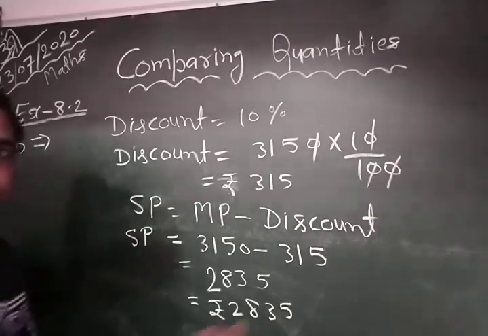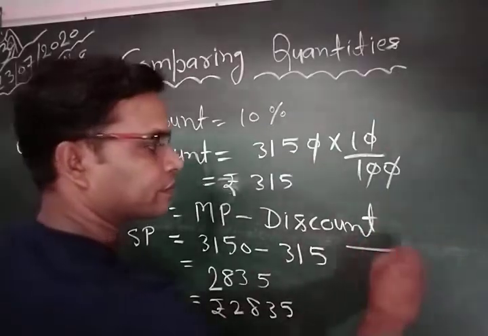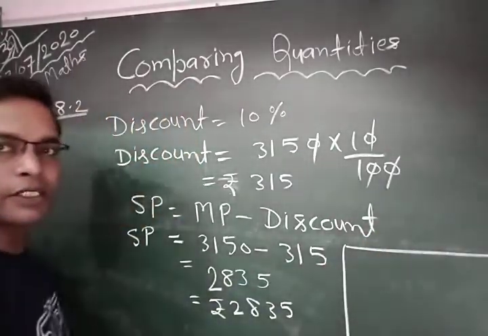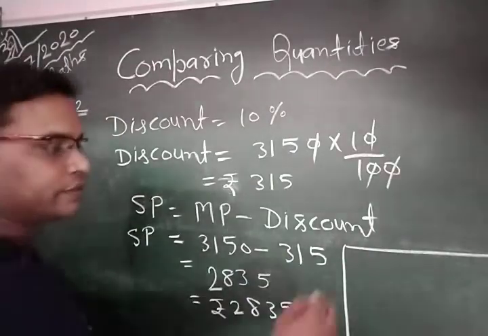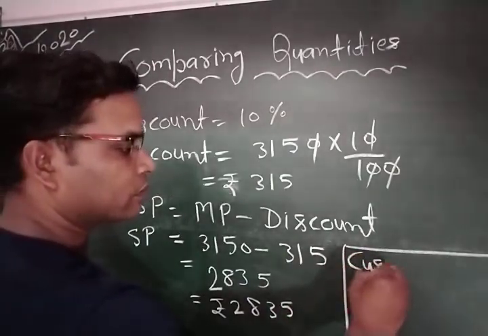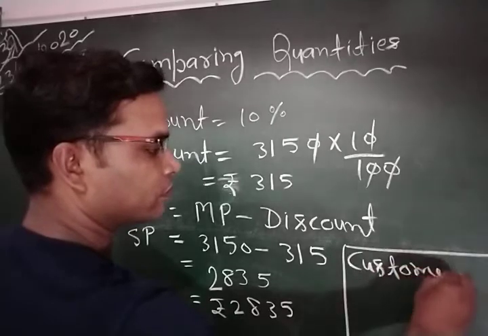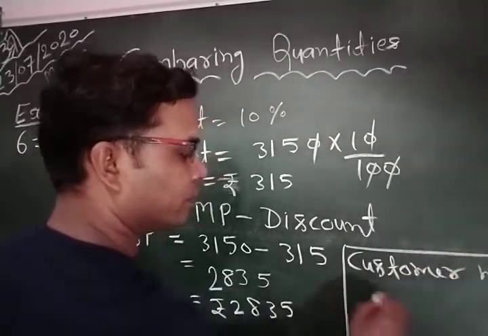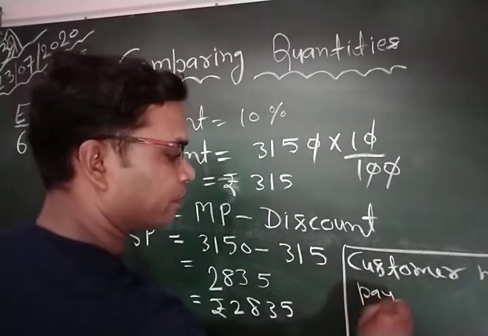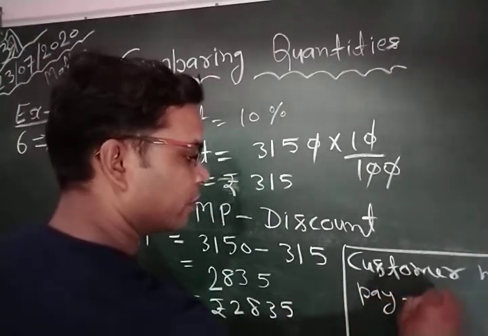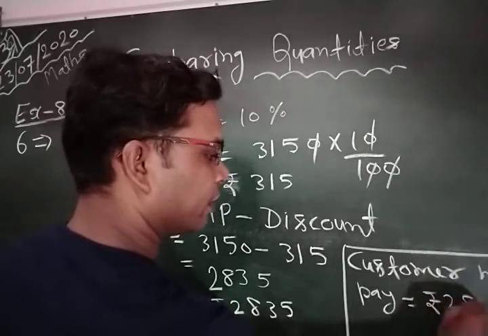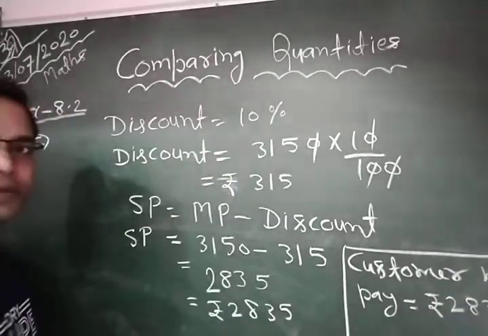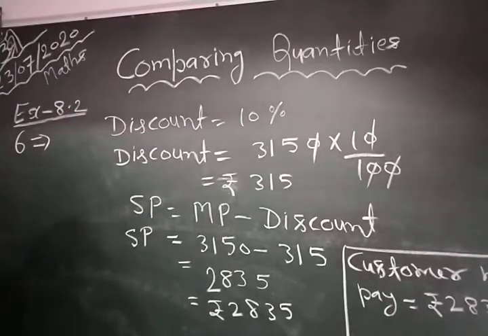You can write here: the customer has to pay rupees 2,835. Clear?